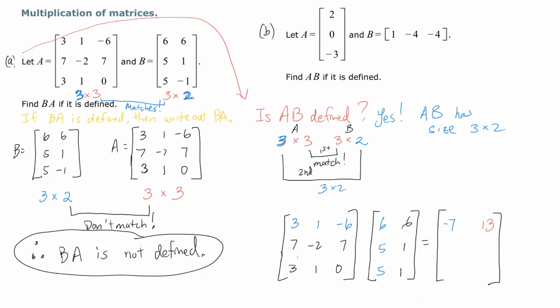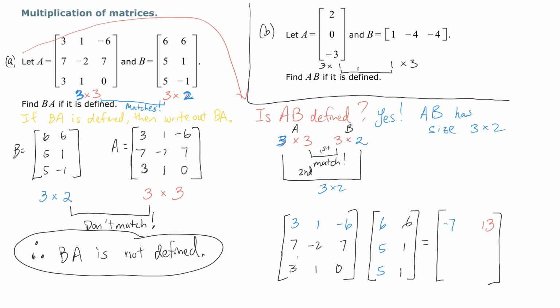For the second example here, example B, I'm going to give you a hint. You find AB if it's defined, or if the product AB is defined, find its product. Let's first check the size of A. It's 3 by 1. And let's check the size of B. It is 1 by 3. So this is definitely defined.